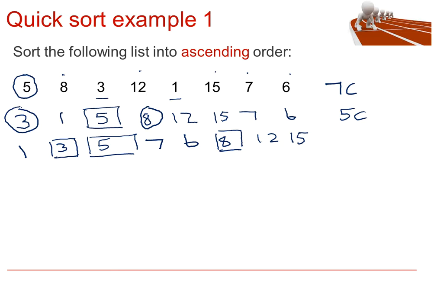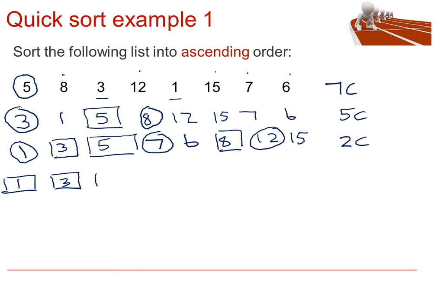In the next group of sublists, I note that this is a single number, so I don't have to compare that to anything. In the second sublist, the 7 is the first element, and in that third sublist, the 12 is the first element. So I'm not comparing the 1 to anything, because it's a single number. The 7 gets compared to the 6, and the 12 gets compared to the 15, so 2 comparisons. The 1 will be fixed, the 3, the 5.